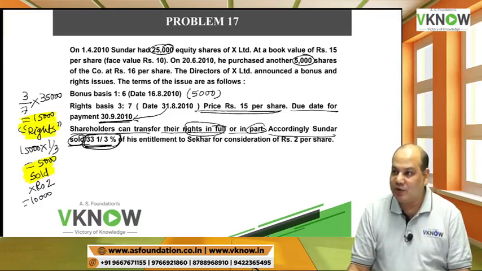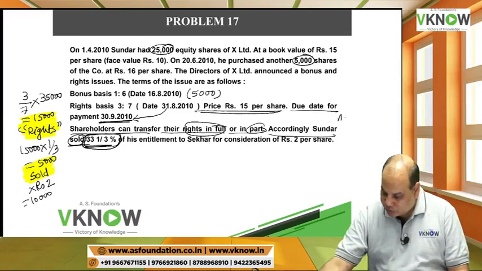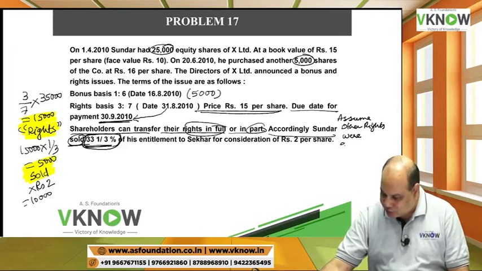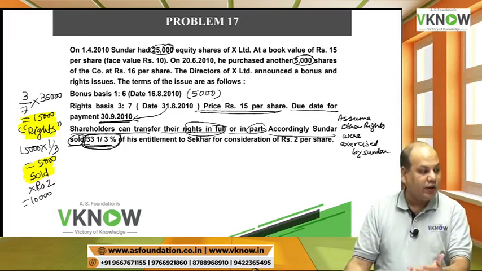The previous problem had mentioned it. So what will we assume? Assume other rights were exercised by Sundar. Can we assume that? Assume that remaining rights were exercised by Sundar.